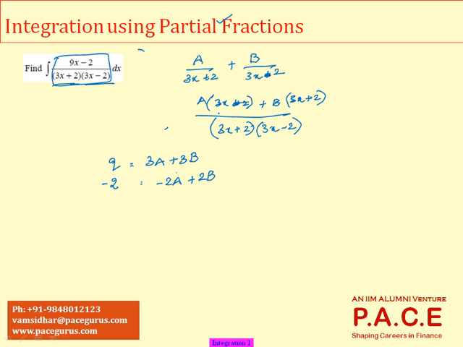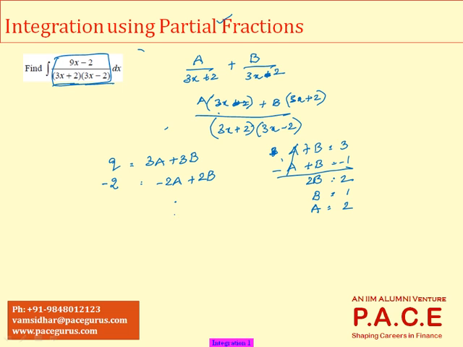Now I should be able to solve these two simultaneous equations, right? If I simplify, the first one becomes a plus b equal to 3, and the second one becomes minus a plus b equal to minus 1. I can add the two: 2b equal to 2, which says b equal to 1, and a equal to 2.